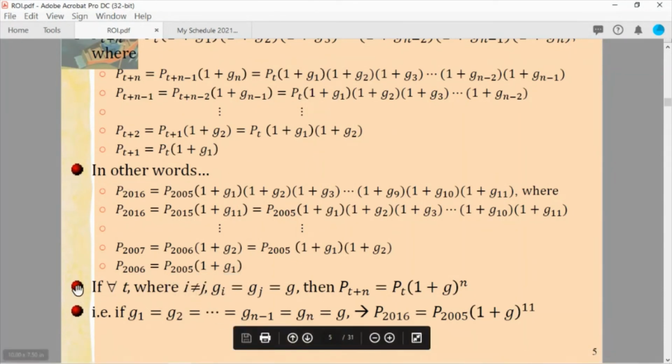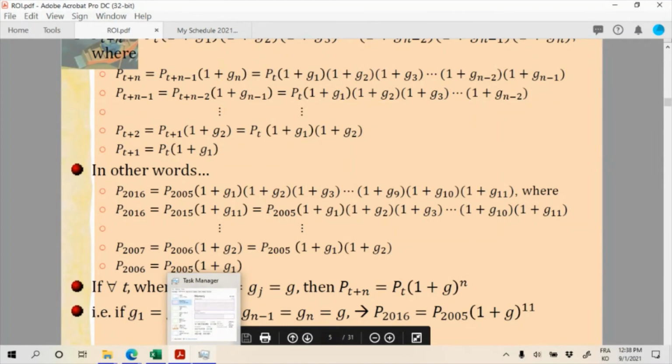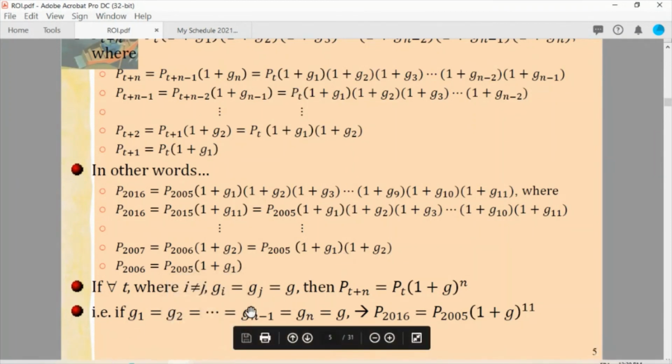But if the growth in one year is equal to the growth in the next year, that means you don't need a time subscript, because if you have found an average growth rate, then we don't need to use the time subscript anymore, right? Because by replacing all of these by the average growth rate G, it's the same thing, so we don't need the time subscript anymore.